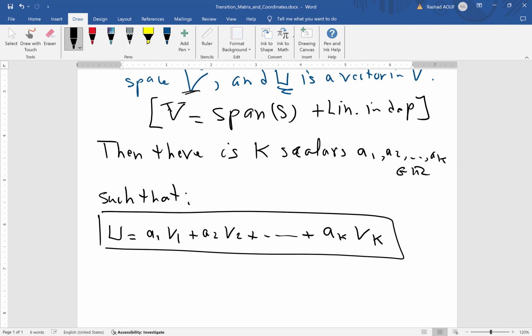This is the definition of a basis: any vector in V is a linear combination of all the elements in the basis S.